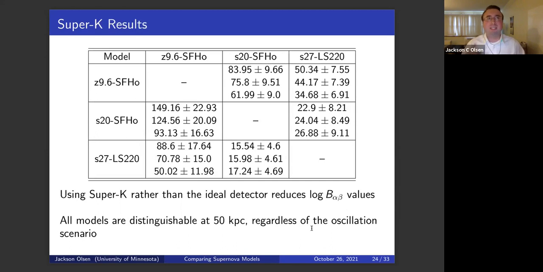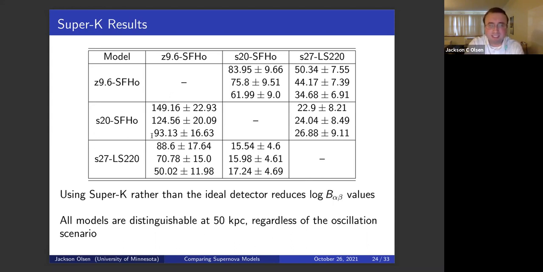So with the Super K detector and a supernova at 50 kiloparsecs following one of these three models, these are the results that I find. Let me take a moment to walk you through them. So this left column corresponds to the true model. The top row corresponds to when the 9.6 solar mass model is true, then the middle row is S20, and so on.